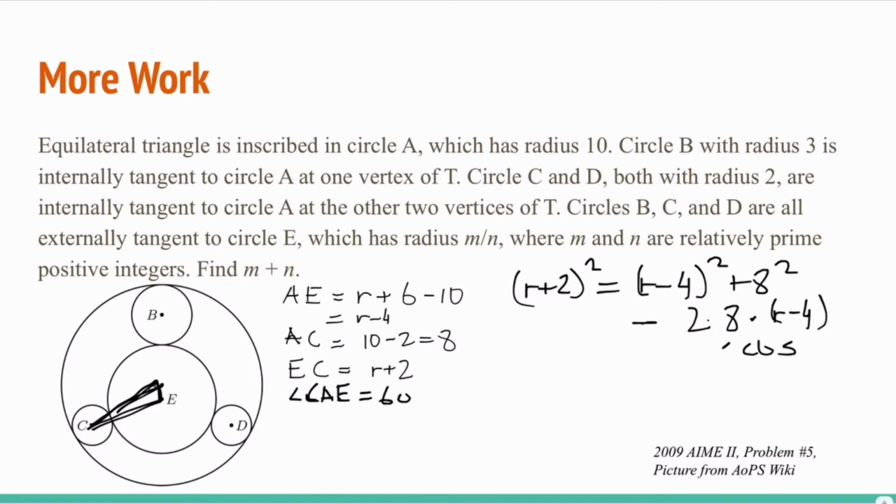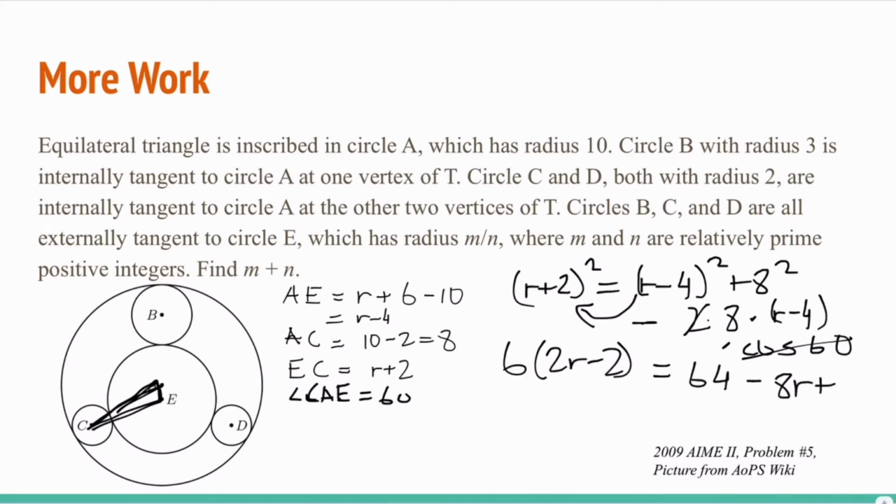But cos 60 is just half, and this cancels with the 2. Now we can move (r minus 4) squared to the other side to simplify the calculations, and we can use difference of squares to get that 6 times (2r minus 2) equals 64 minus 8r plus 32.